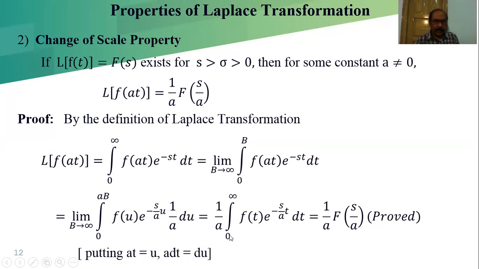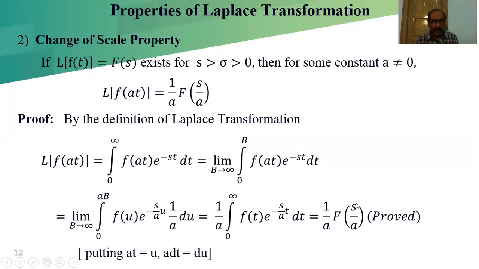From that we are getting the integral from 0 to infinity of f(t) e to the power minus s by a t dt. So by the definition, 1 by a is outside, and this is the function F, with s by a instead of s, in place of minus st. So this is the Laplace transformation.